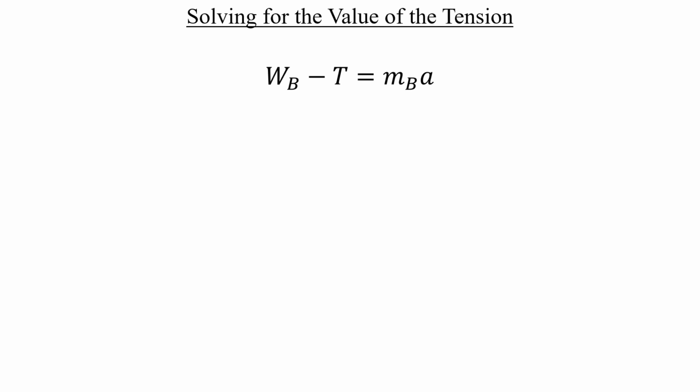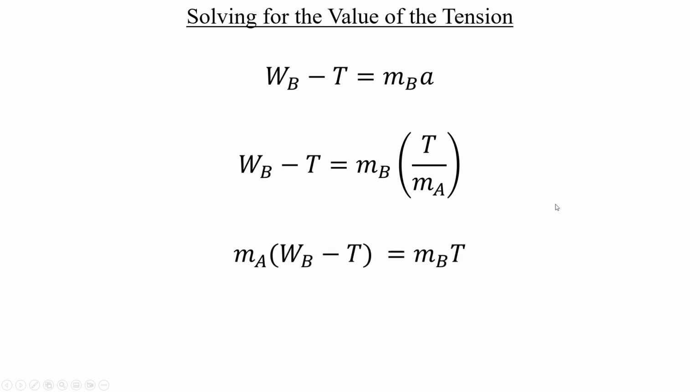If we start with that equation from before at the top, then plug in our acceleration expression, we can multiply both sides by the mass of block A here to get rid of this denominator.